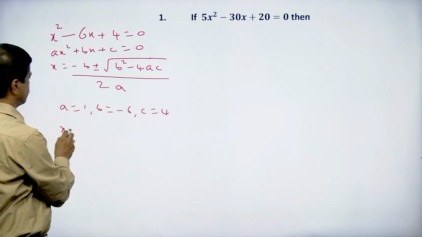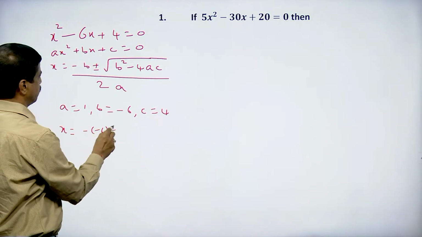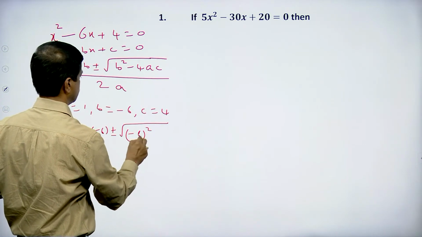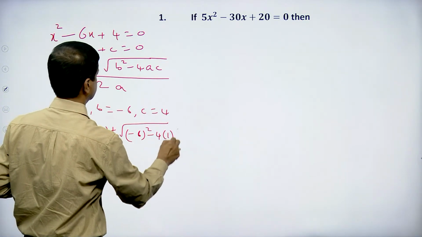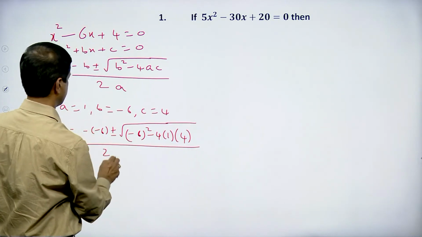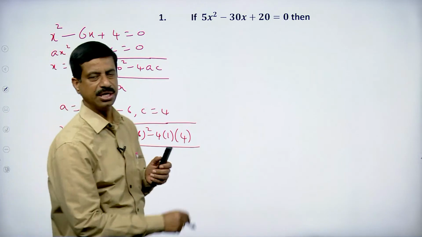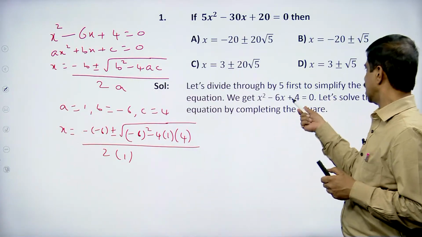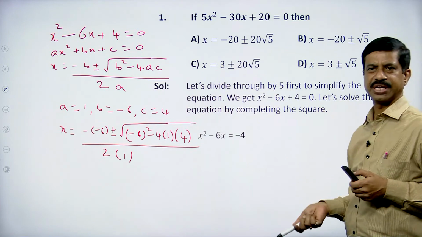So what is x equal to? Minus b plus or minus root of b square, that means minus 6 square, minus 4ac, by 2a. 2 into a, a is 1, that's all. This you simplify, you will get the solution. Of course, this can also be done by completing the square.